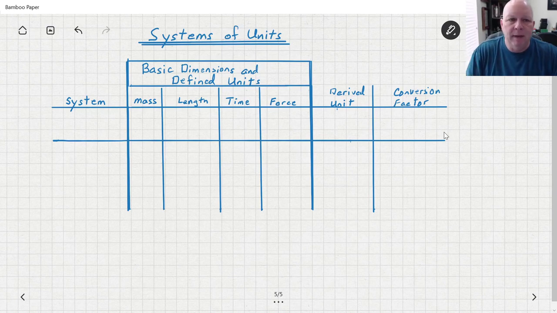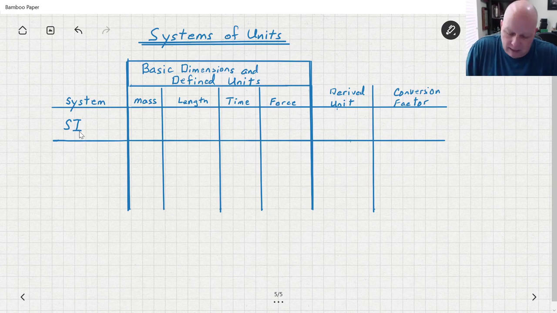In my table, in the left-hand column, I'm going to list the system. So this would be SI, which stands for Système International. The next four columns are the basic dimensions. Now, a dimension is a physical quantity, like the length of something, or the force that's applied, or the mass that an object has. And a unit must be assigned to a basic dimension.